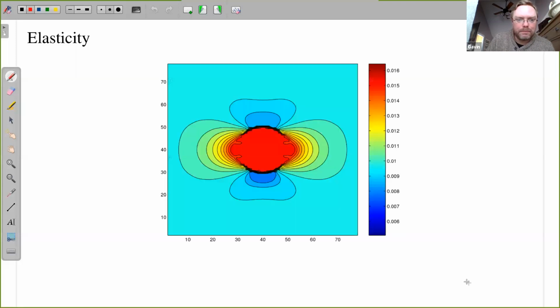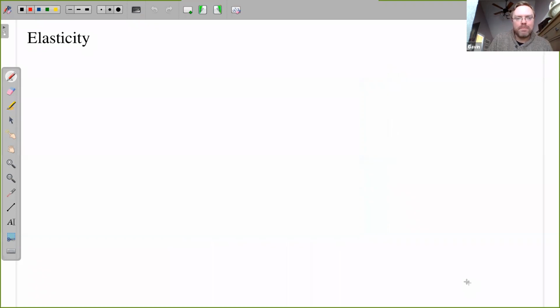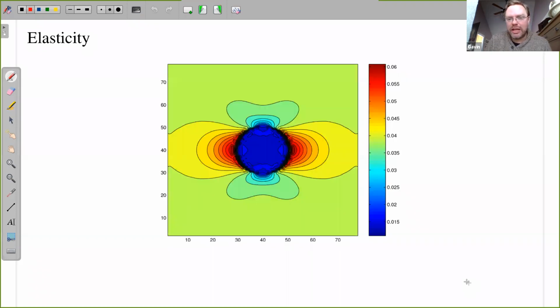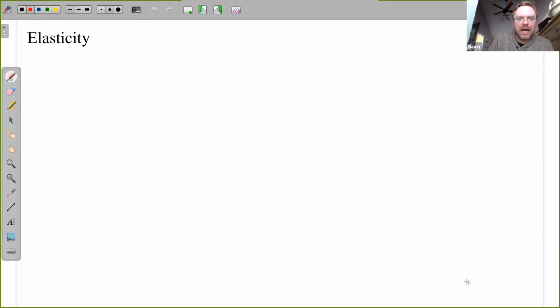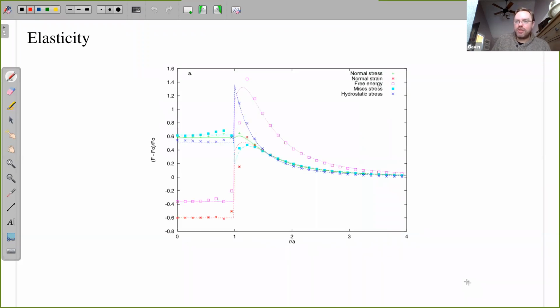Here's a three-dimensional simulation of the inhomogeneity problem. This is the stress field in a solid spherical particle, and here's the strain field in the same particle, and we can compare this to some of the theories.